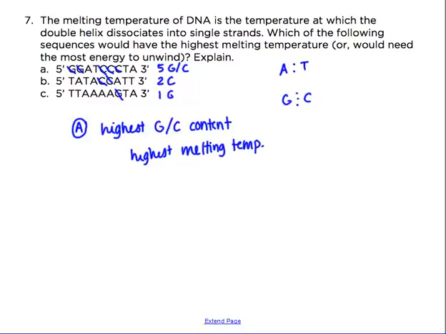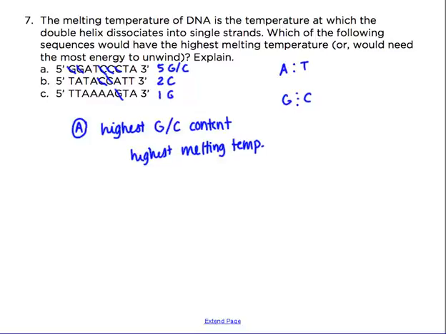And the reason for that is because it has the highest GC content out of these 3 DNA strands, it's going to have the most amount of bonds because there's one more bond per the GC pairing than there is for the AT pairing, and therefore would need more energy to break them, so it has the higher melting temperature.